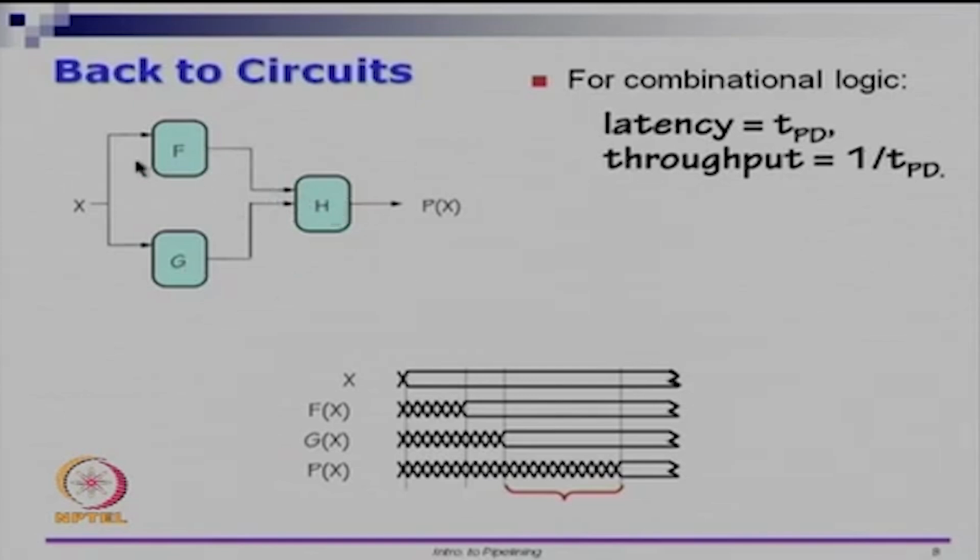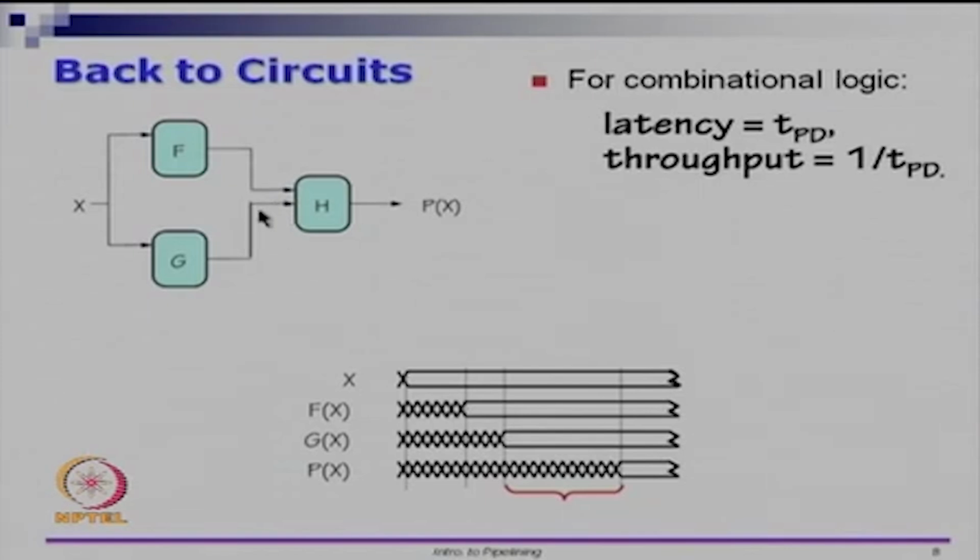So, X will get transformed by F in 2 time units and be available here. G, however, will take 3 time units. So, I have to wait for the latest one, the one which is coming late.